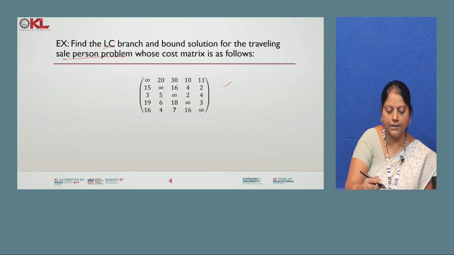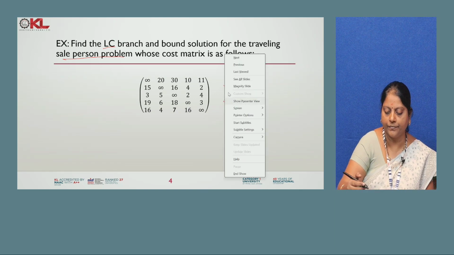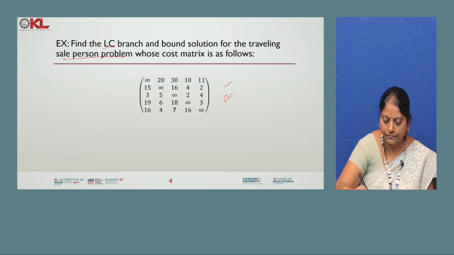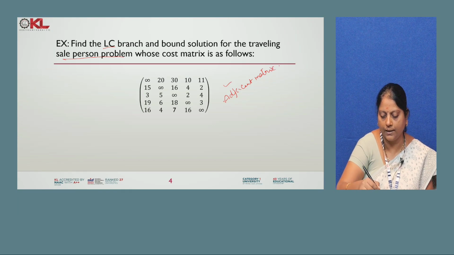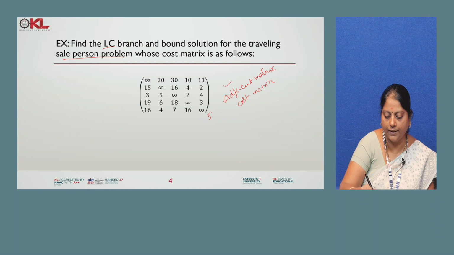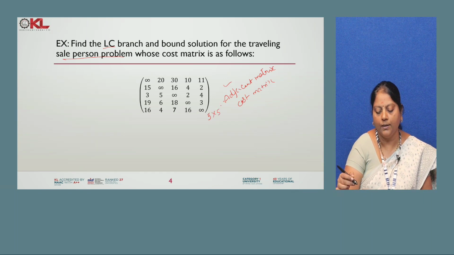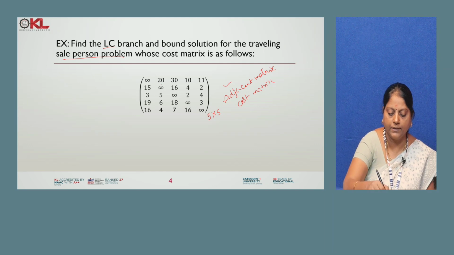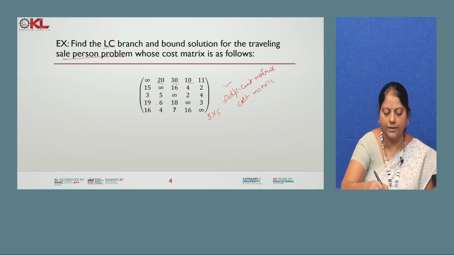This is called an adjacency matrix, or cost matrix. In the graph there are 5 vertices, so the size of the matrix is 5 cross 5, 5 rows and 5 columns. These are cost values. This is the given problem.